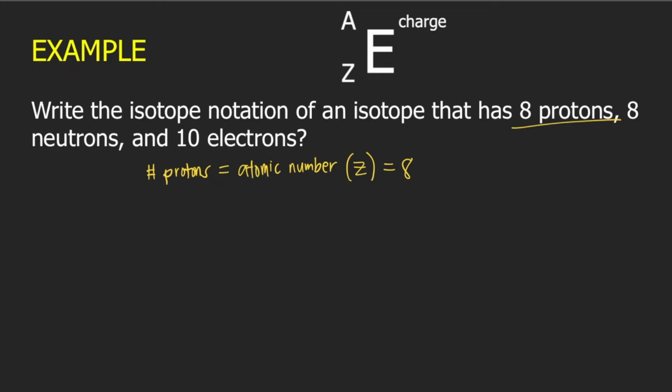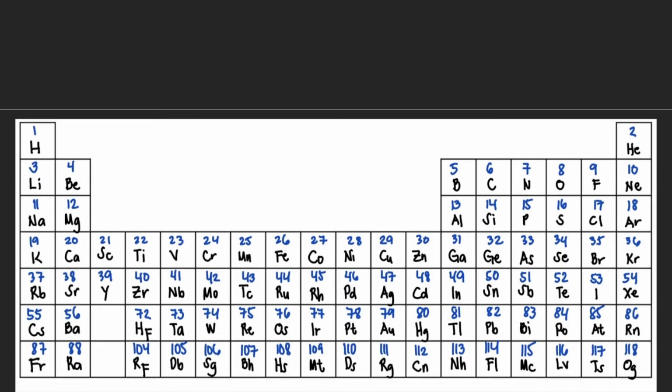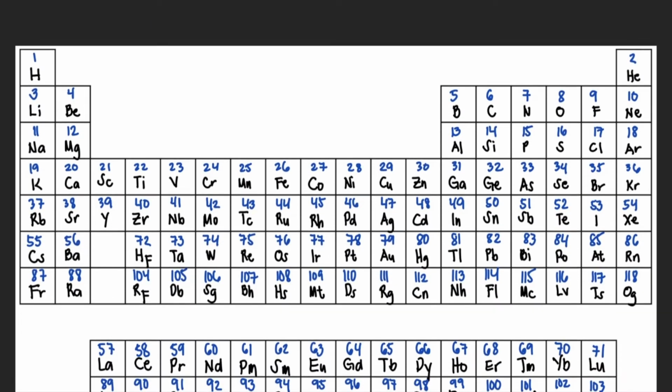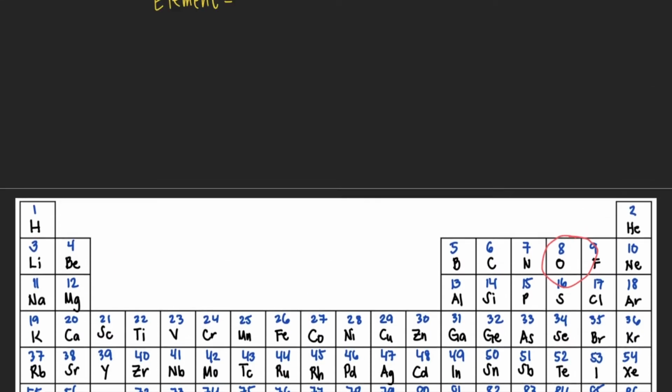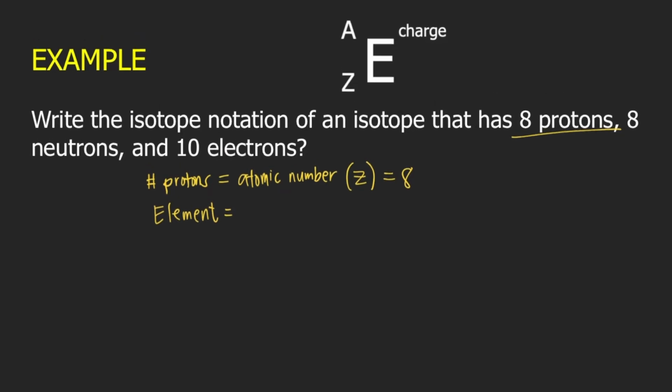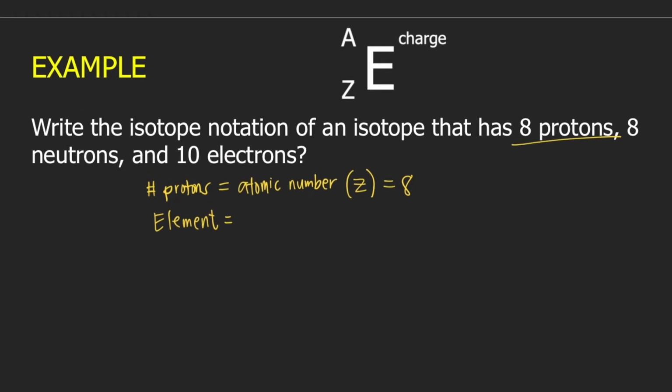What element has the atomic number 8? We go to our periodic table and look for the element with atomic number 8, and that element is none other than oxygen. The element symbol for oxygen is O. So let's go back. Our element is O.